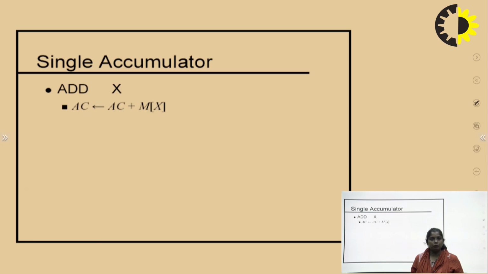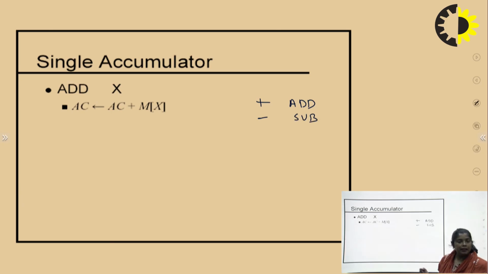In these address instructions there are always numericals, and in these numericals we first need to know the mnemonics. For the plus operation, we use the mnemonic ADD. If there is a minus, we use SUB, just like MUL and DIV for multiply and divide.